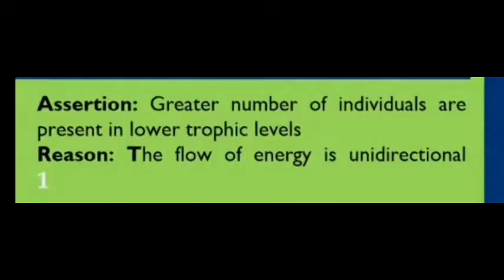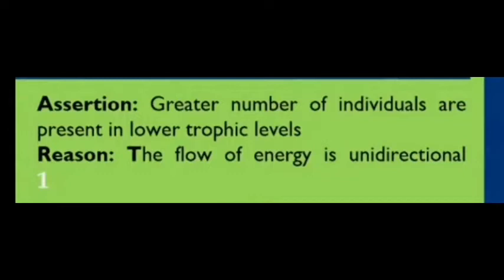See the next question. Greater number of individuals are present in lower trophic levels. The assertion is true. See, in the producer level, there should be more number of individuals. Then only the primary consumers and the secondary consumers will get more food. So the statement is correct. And the reason given here is the flow of energy is unidirectional.